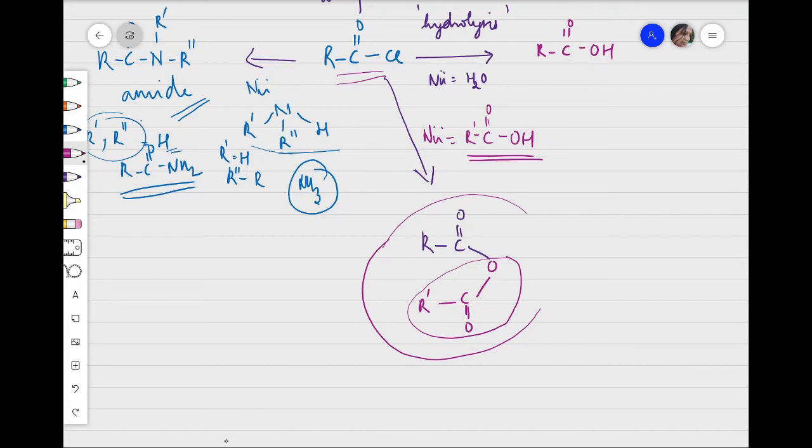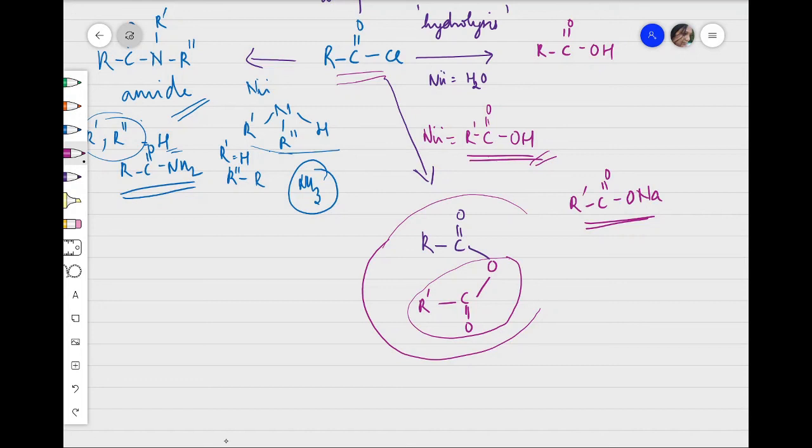Now in this reaction, if I had taken the sodium salt of this acid instead of the acid, it would have been faster. It's a bit faster when I use the salt. So the mechanism is the same.